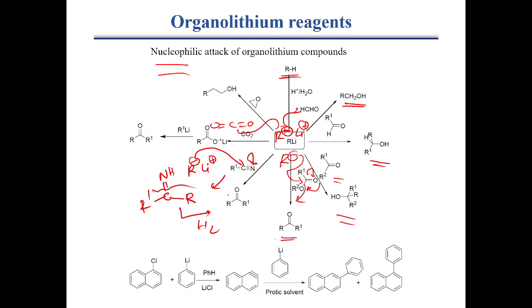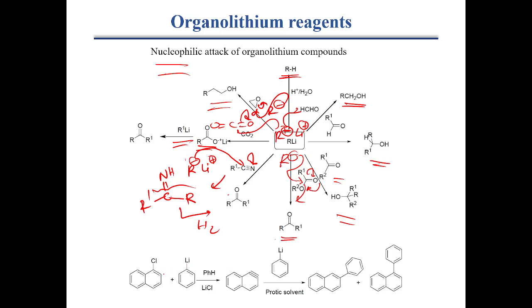So R minus will react with the carbon dioxide, and this forms this acid. Now this acid further reacts with RLi to form this ketone. Epoxide ring opening is also possible in presence of organolithium reagent. So R minus will react with this epoxide and it will open up, giving this alcohol. So this is also important.